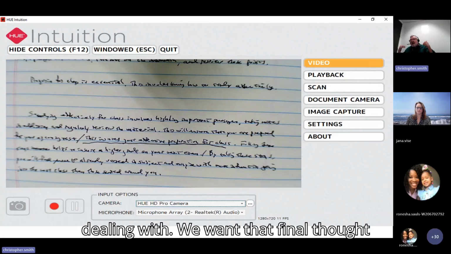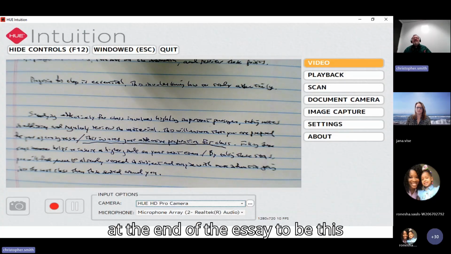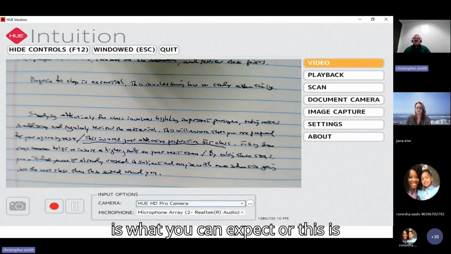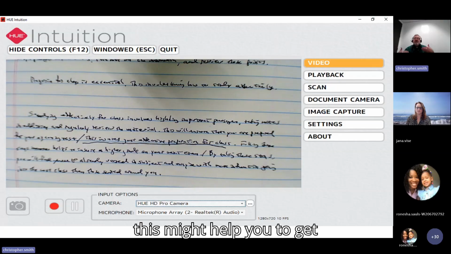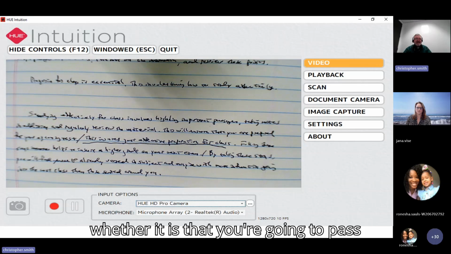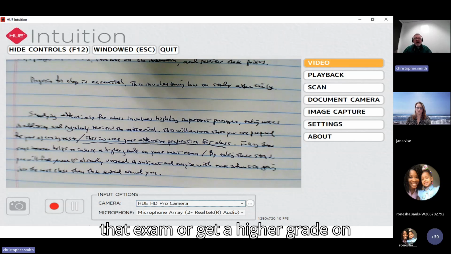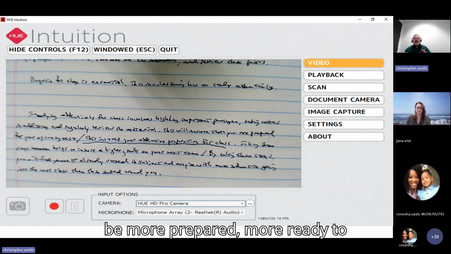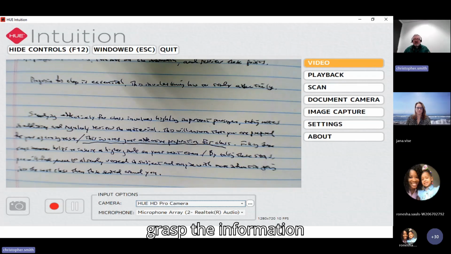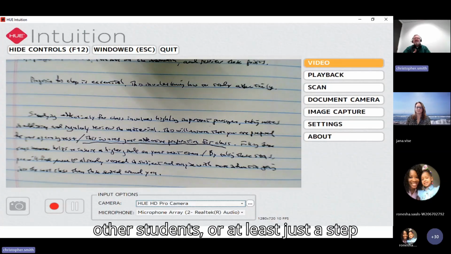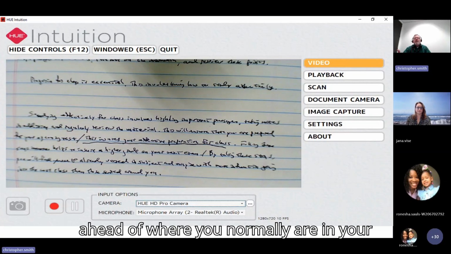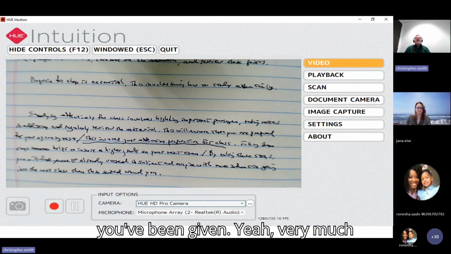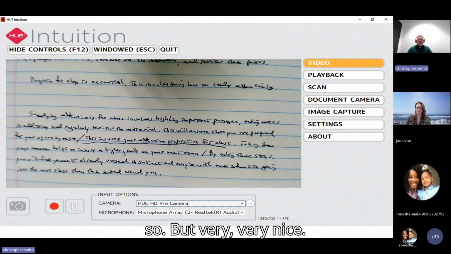We want that final thought at the end of the essay to be, this is what you can expect, or this might help you to get what you want out of studying, whether that is that you're going to pass that exam or get a higher grade than you've been getting before, or whether you're going to be more prepared, more ready to grasp the information and be a step ahead of other students, or at least a step ahead of where you normally are in your ability to process the information you've been given. Yeah, very much so.